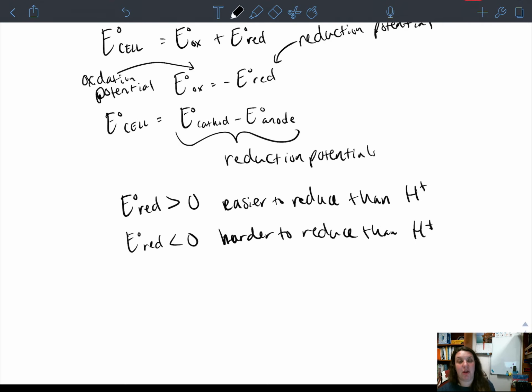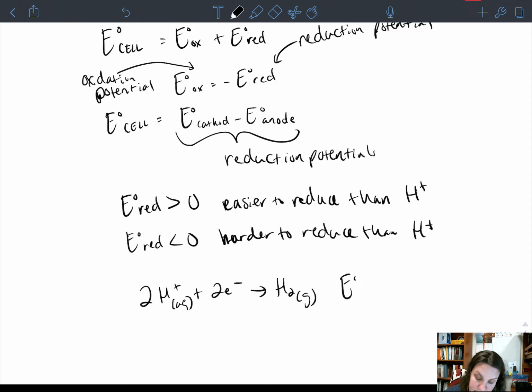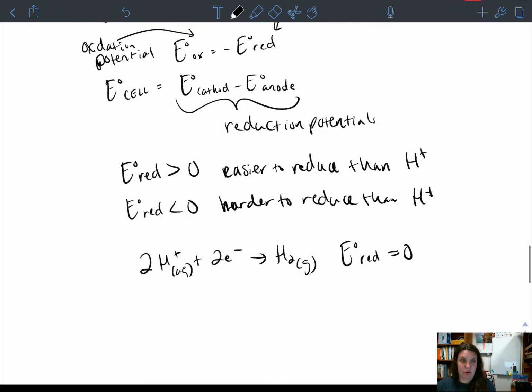So we use H+, this following reaction, 2H+ plus 2 electrons gives us H2. This is kind of the standard that's used, and it has a reduction potential of 0. So anything that is easier to reduce than hydrogen has a positive reduction potential. Anything that is harder to reduce than hydrogen has a negative reduction potential.